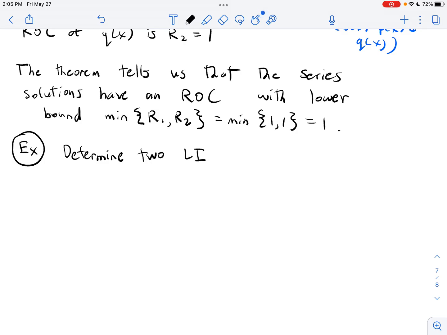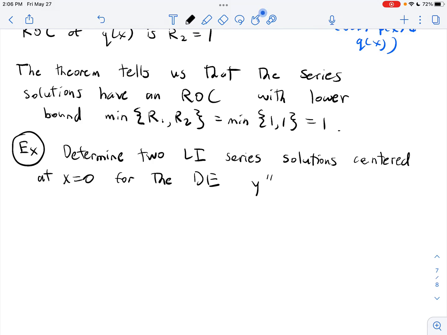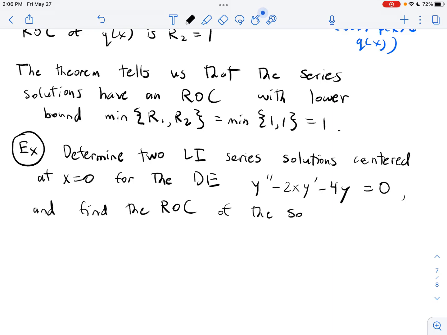Determine two linearly independent series solutions centered at 0 for the differential equation y double prime minus 2x y prime minus 4y is equal to 0. And find the ROC of the solutions.